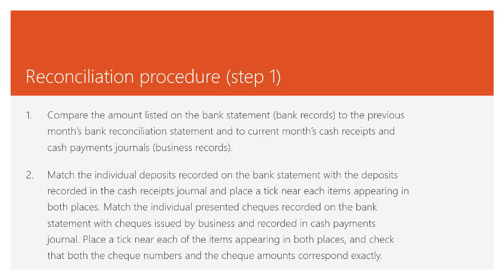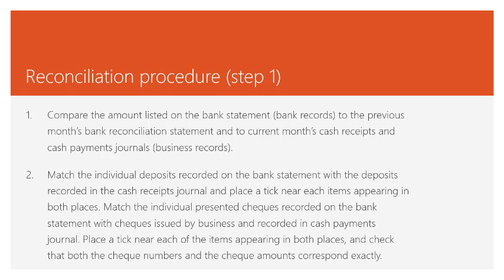And then you have to check whether those items presented in the bank statement are reflected in the cash receipt and cash payment journals, and vice versa. The next step is to match the individual deposits recorded in the bank statement with the deposits recorded in the cash receipts, and place a tick near each item appearing in both places.